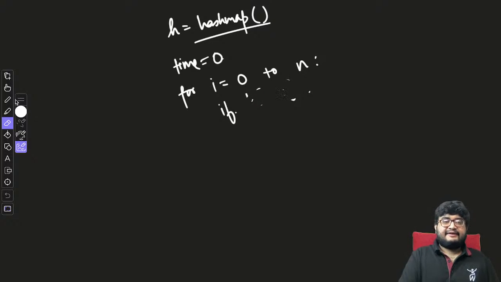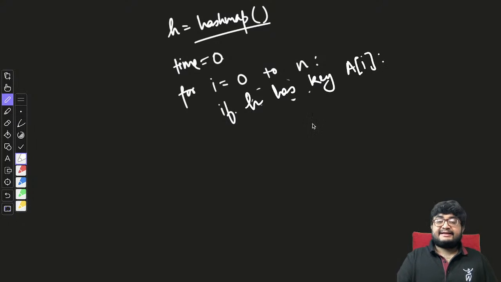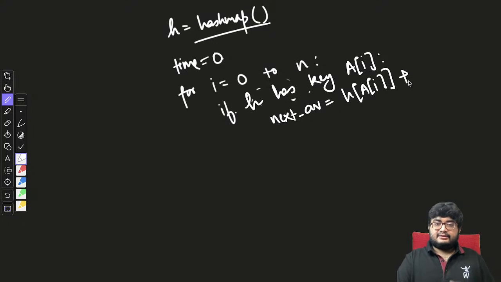We can write like this, that if h has key A of I, that is it is already taken. In that case, what we'll see is next available time. Next available time will be what? H of A of I, whatever was the last time it was taken, plus the waiting time of A of I, the time array that you are given. So this is when it will next be available.